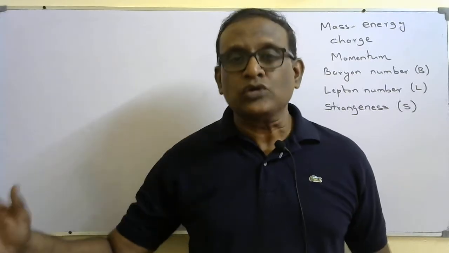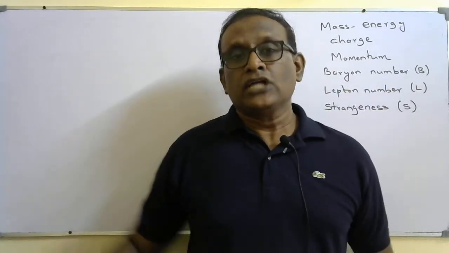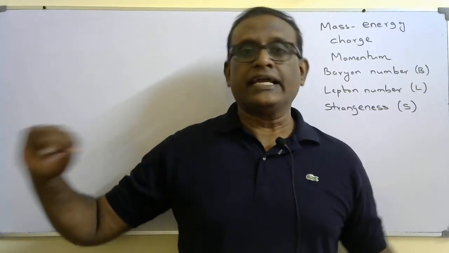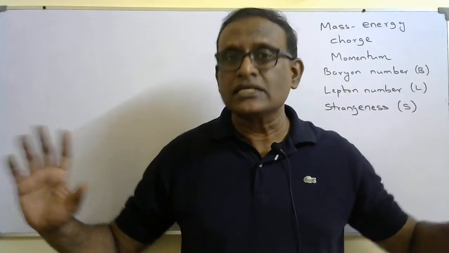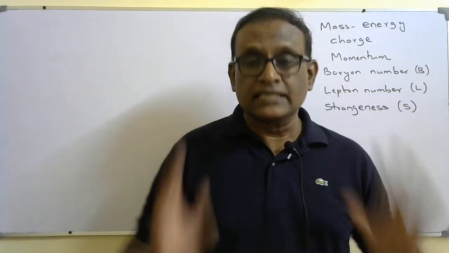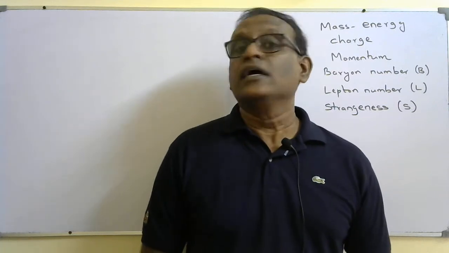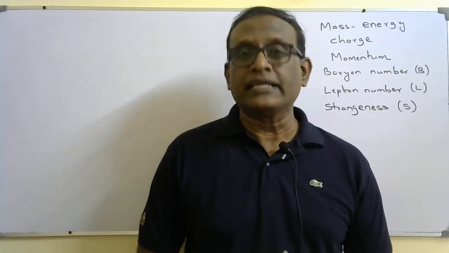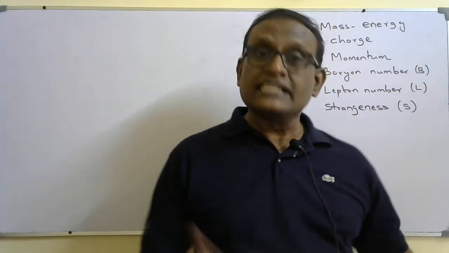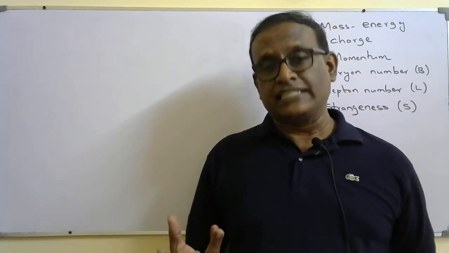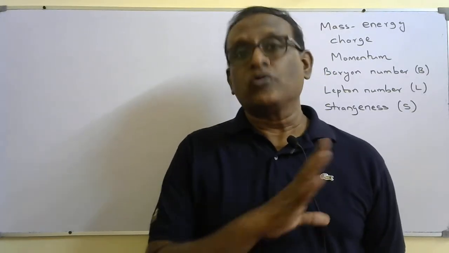The total number of D quarks on the left must equal the total number of D quarks on the right. The total number of S quarks on the left must equal the total number of S quarks on the right. That means if the type of quarks is conserved, it's a strong interaction. Weak interaction means the type of quarks will not be conserved. So when we do questions, we'll first check whether the reaction is valid. Then, if it is valid, we'll check whether it is a strong or weak interaction.